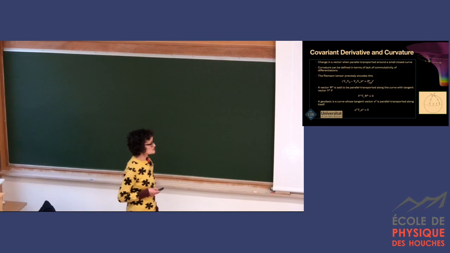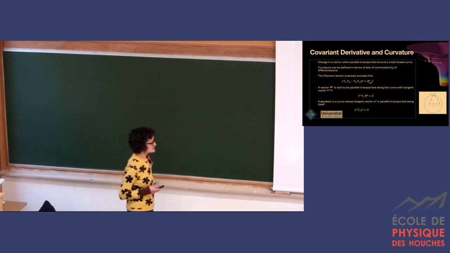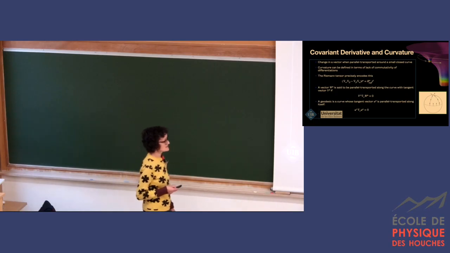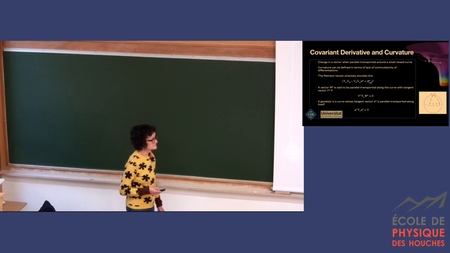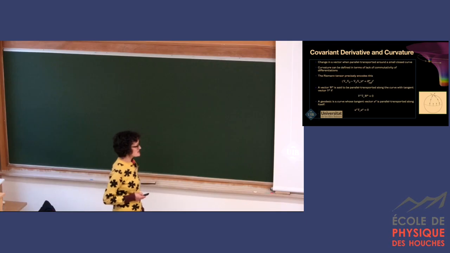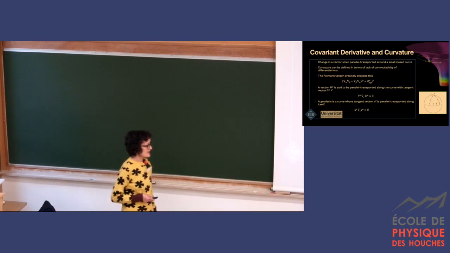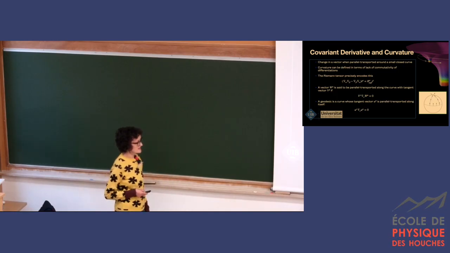We can also introduce through the covariant derivative other concepts that appear over and over. So we can take a vector, W mu, in coordinate notation, and we can say that it's parallel transported along a curve with a tangent V mu, if this equation is satisfied. And a special case of this equation is the geodesic equation, which represents a curve whose tangent vector, u mu, is parallel transported along itself.